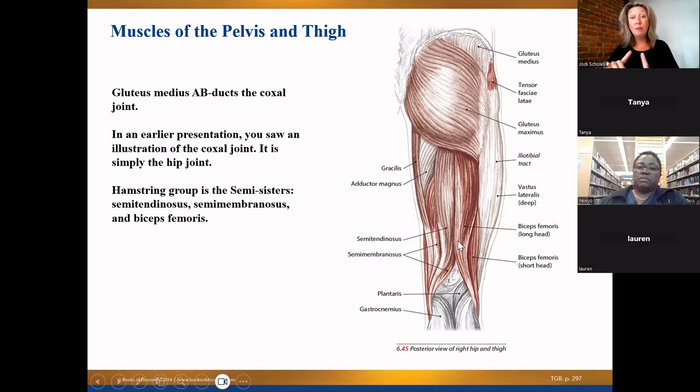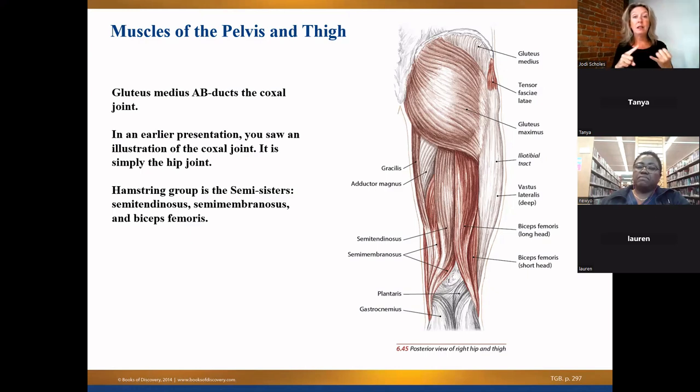Now, hamstrings, posterior compartment of the leg, right? Wait a minute, biceps? Biceps femoris, right? Femur, because we know biceps are usually up here. Biceps brachii, that's upper body.